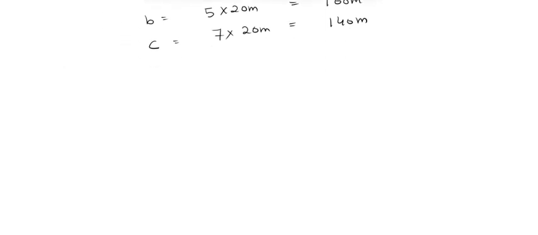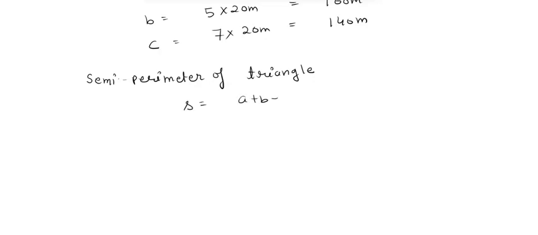Now, find semi-perimeter. Semi-perimeter of triangle S is equal to A plus B plus C divided by 2.